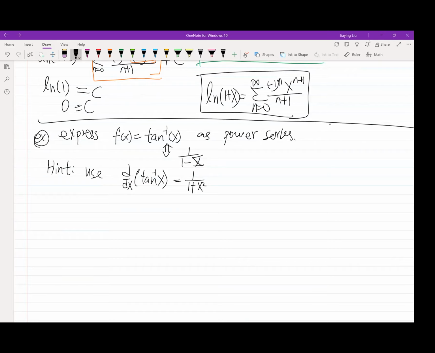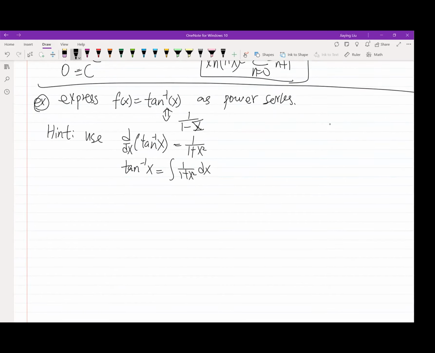Which means if we integrate both sides, we get inverse tangent of x is equal to integral 1 over 1 plus x squared dx. Of course, it's adding a c, but it doesn't matter because later on we're going to have another c added. So just combine them. So for now, this will be the one that we use.